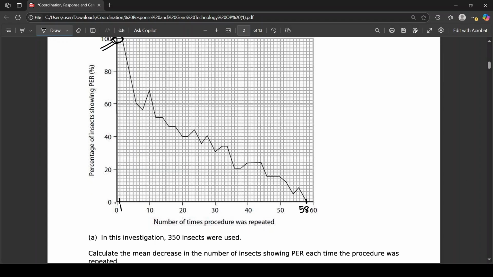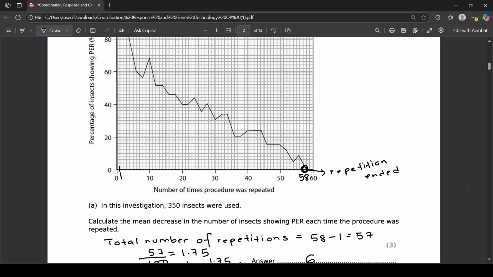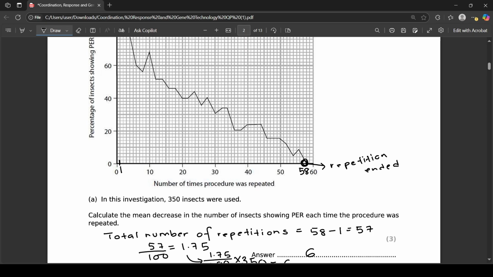If you see, the line is touching just at the zero. So the response ended and showed zero. Okay, so we can say that across the experiment, the percentage of insects showing PER dropped from 100 to 0. Meaning a 100% drop in response.